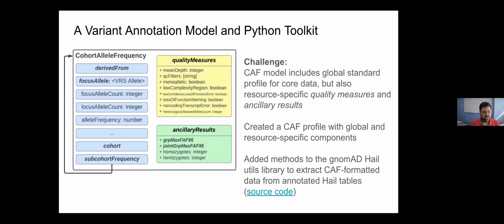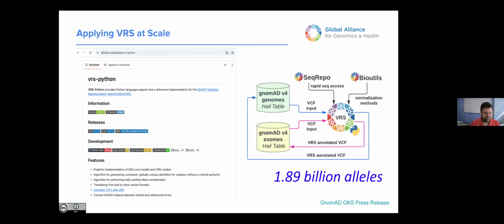The model looks like this. It's basically a way of packaging all this information together. And the idea here is that there is this VRS allele that is the focus of this statement, which allows you to then link this evidence to downstream knowledge statements and allows you to incorporate it in those workflows.